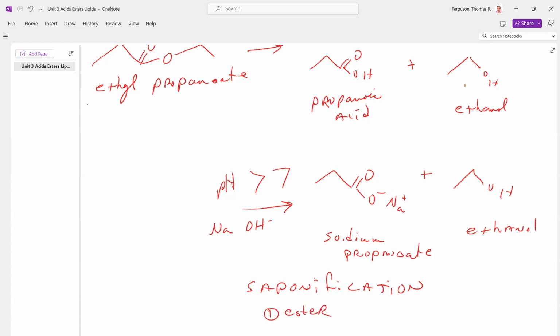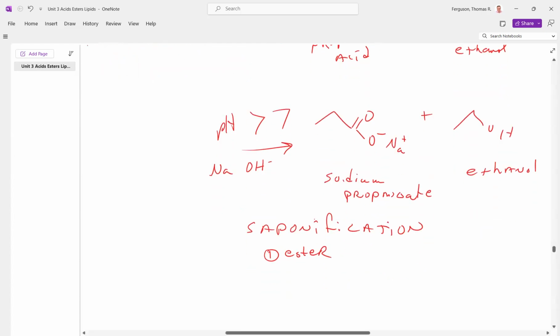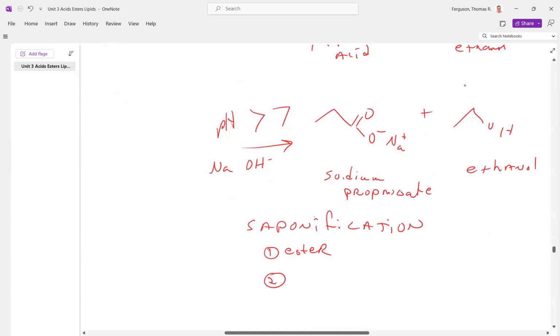You can't saponify anything if you don't have an ester. And you have to be in an alkaline or basic environment. So when we made soap, we started with an ester. That was the fat. And we added to that sodium hydroxide. And then it yielded the acid salt, also known as soap.